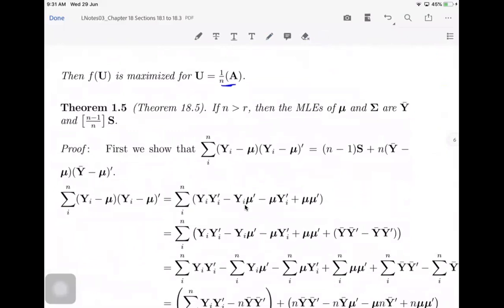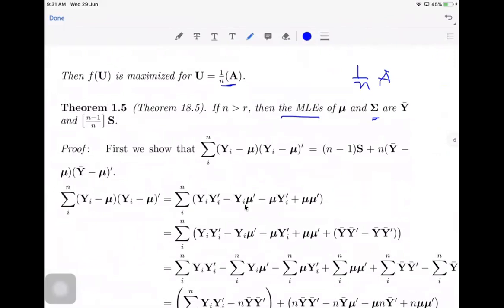So we will use that lemma to prove that the maximum likelihood will occur at that specific value 1/n A for sigma. That is easy.